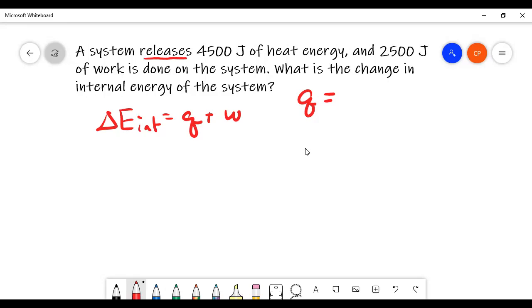Our sign convention says that if heat energy is released, the Q for that transfer is less than 0. So a system releases 4,500 joules of heat energy corresponds to a Q that is negative 4,500 joules.